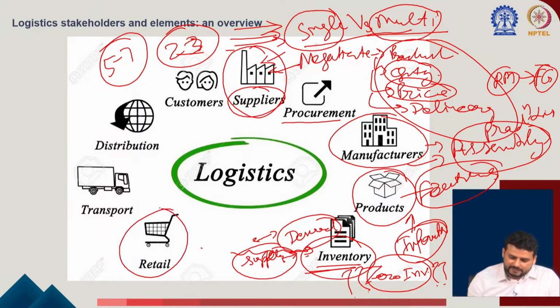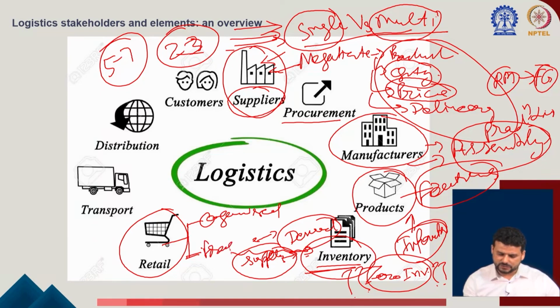Now the other player in logistics management is your retail industry. Indian retail or other retail industry, foreign retail industry also, it is not always the organized retail sector, right. So we have the organized retail industry, and we have the fragmented retail industry, small shops, right.